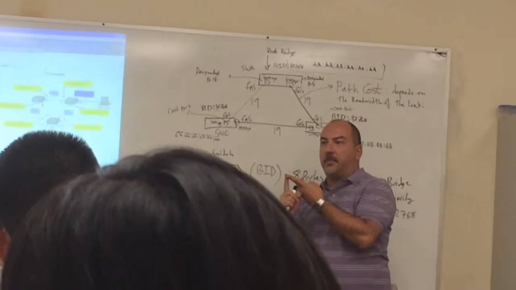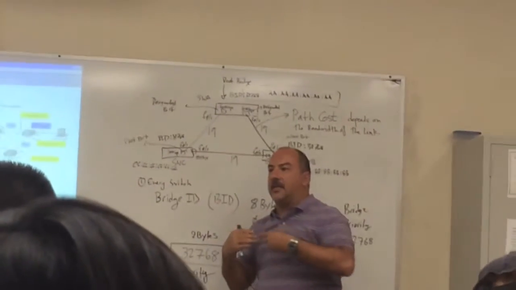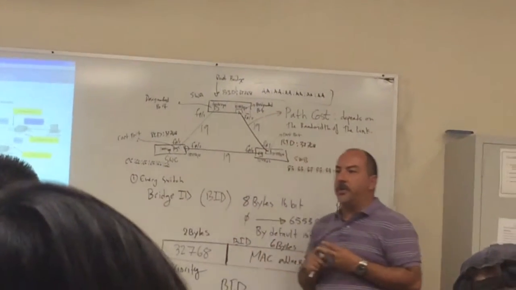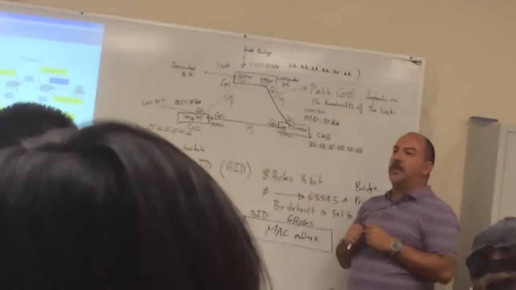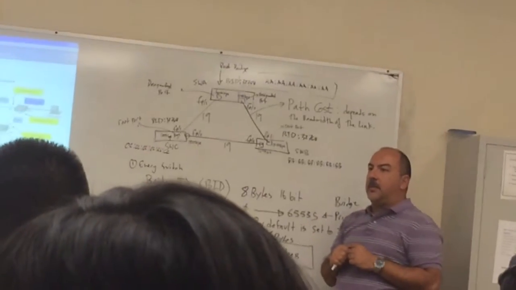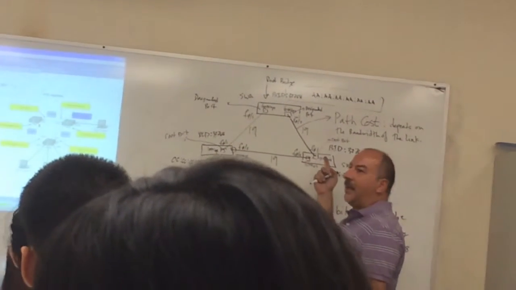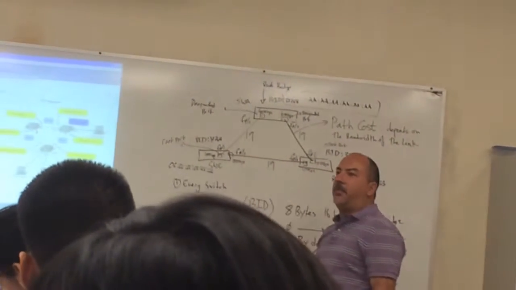Okay? Designated port means just a port that data can go through. A blocking port is a port that blocks. So between these two, how are we going to choose which one is the one that forwards, which one is the one that blocks? Okay.